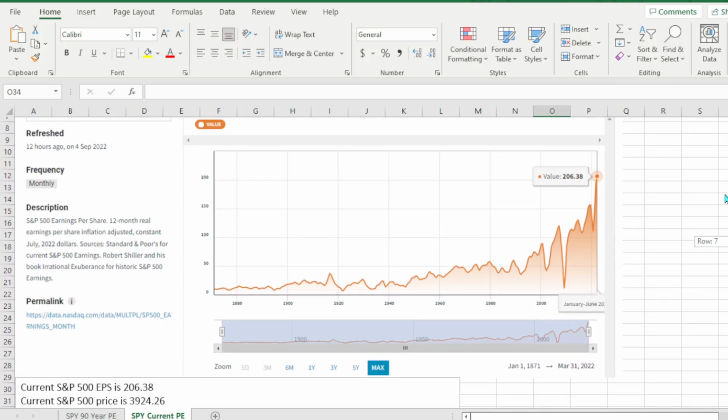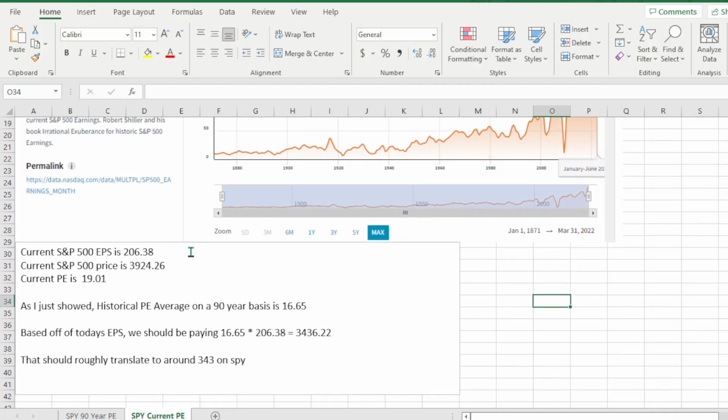So that is a lot of data that I just threw at you guys, but that's kind of giving us an idea of what the average price should be for SPY based off of historical PE. So keep in mind that this earnings per share number can change.